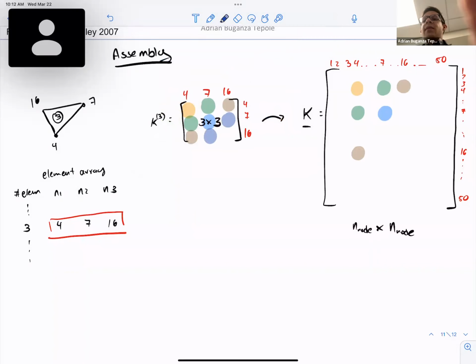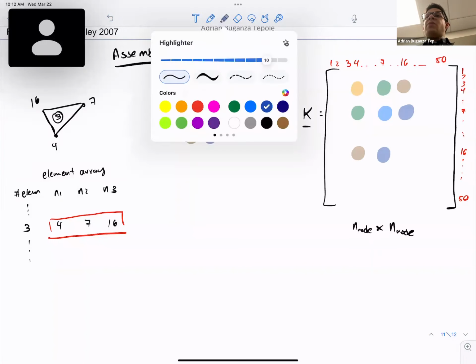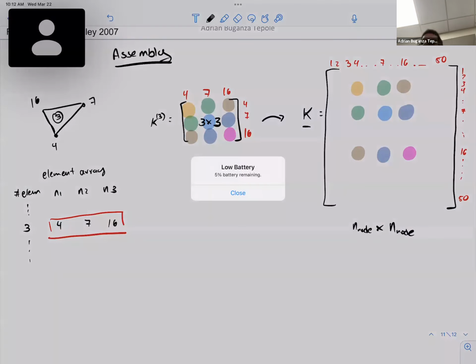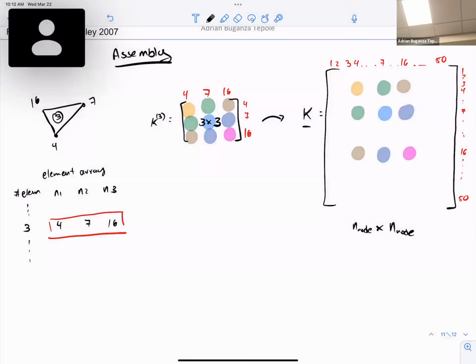These are the 7-16, so 16 times 7, 16 times 7, and then the last one is the 16-16, which is right here. So the process is very much the same as in the 1D case.